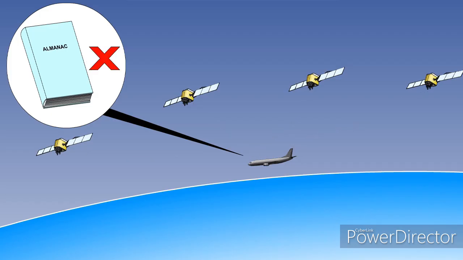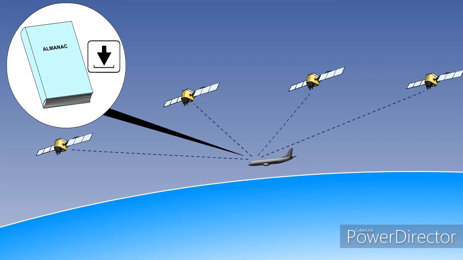If the almanac is corrupted, out of date or lost, or if receiver position or receiver clock time are significantly in error, the receiver will not find the expected SVs and will download the almanac from the constellation.